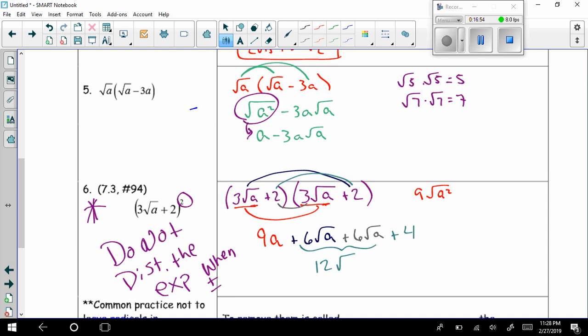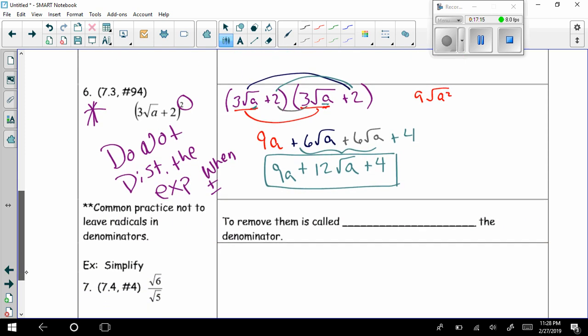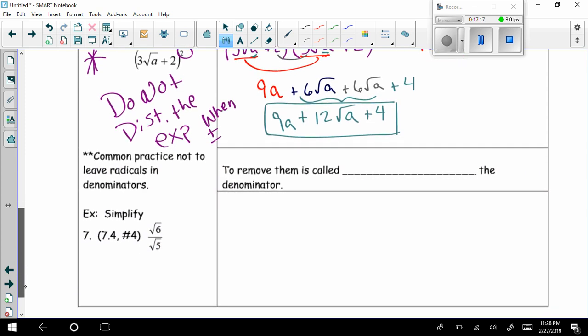So 12 root A, only the coefficient changes. Everything else comes down. Sometimes you'll have more like terms that you can combine, especially if this isn't a letter, but it's a number. Then you'll end up having those outside terms that are the same. But other than that, that's all we can do for that one.